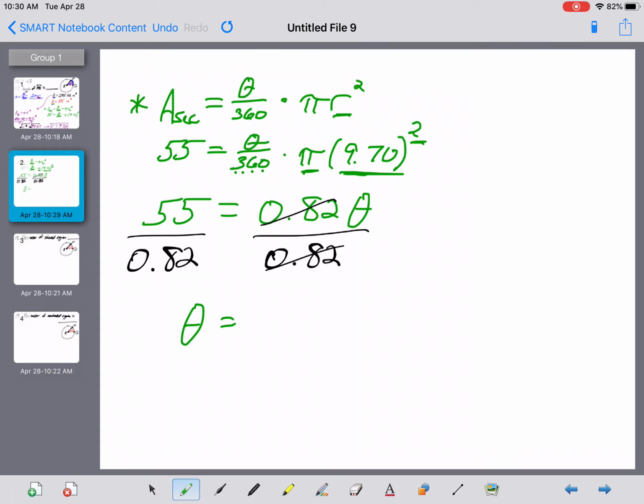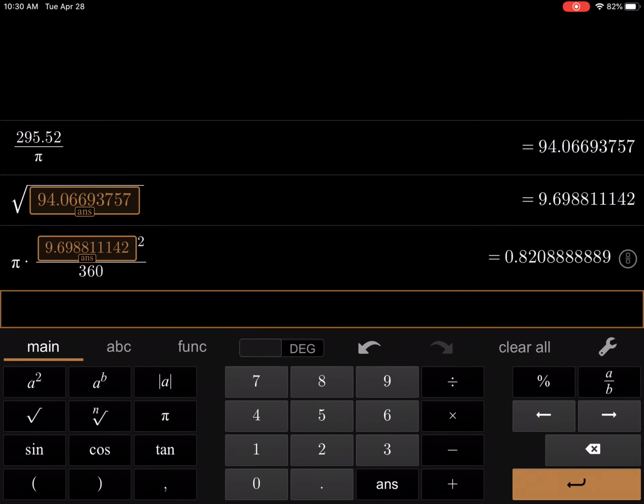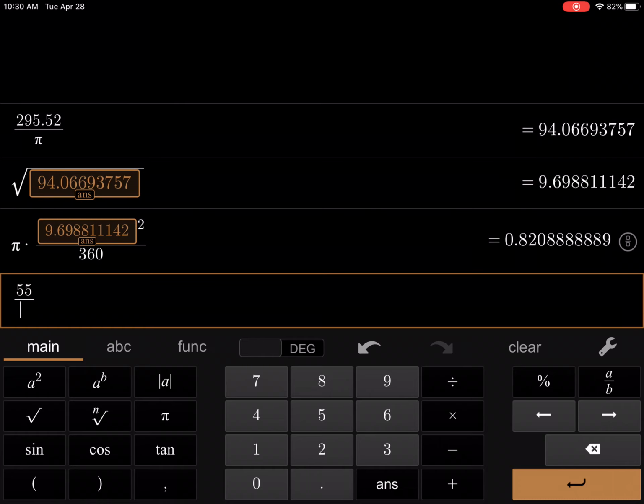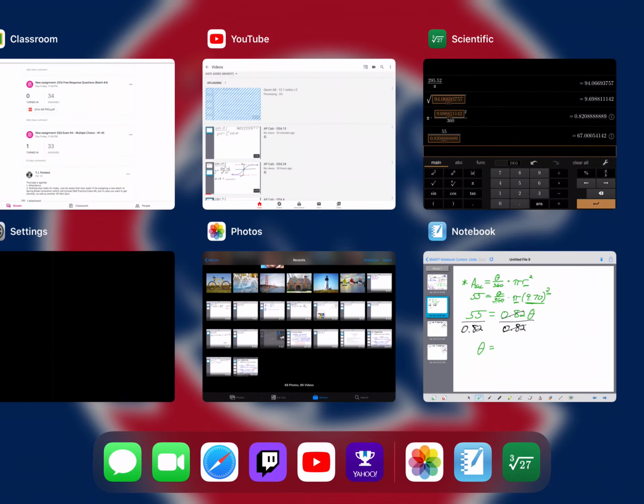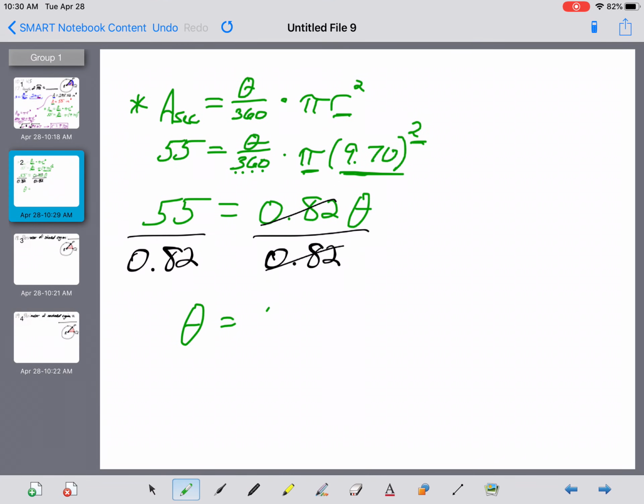So 55 divided by that last decimal that we just got. 55 divided by last answer. And that tells us that theta, okay, this at least worked out pretty nice. Even rounding that to the nearest hundredth, we get 67.00. So I think that's how they actually designed this problem. I think they started with theta being exactly 67 degrees, and then you figured out everything from there.